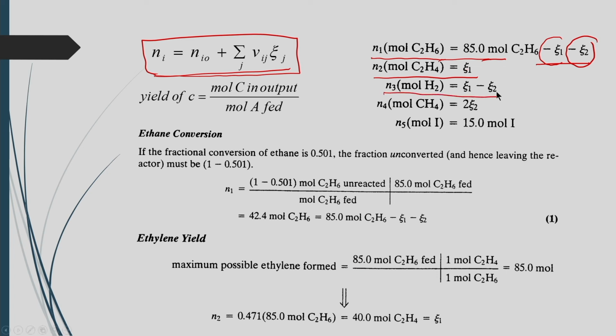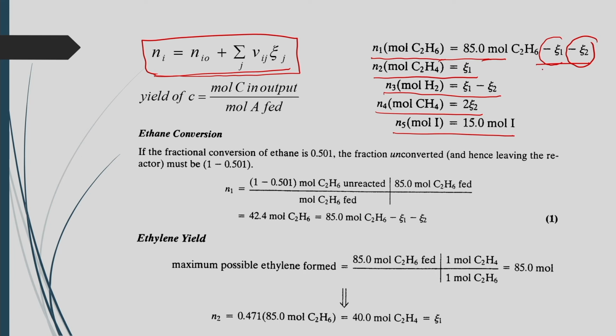Similarly, N3 will be equal to Xi1 minus Xi2, and N4 will be equal to 2 Xi2, and N5 is equal to 15 moles, since it is not taking part in the reaction, and the same amount of inerts will come into the outlet stream as is given in your inlet stream. So, based on this concept of extent of reactions, we are getting N1, N2, N3, N4 and N5.